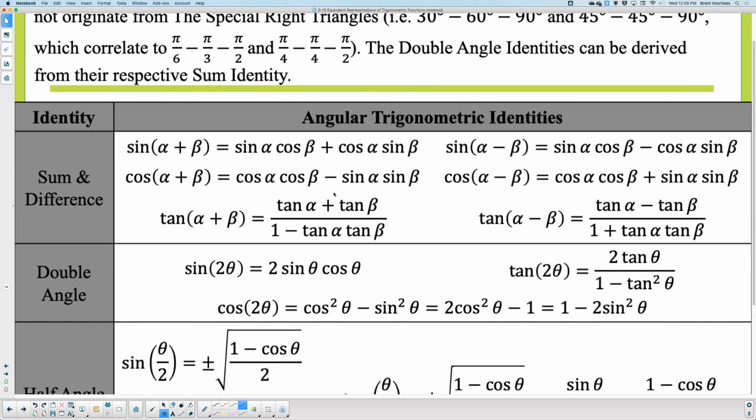If the formula says you're originally adding, it now subtracts, or vice versa. Therefore, tangents, if you simplified it, would be the same in the numerator because that's sine, and the denominator would be changing, cosine. But you don't have to have tangent memorized. You do have to have sines and cosines memorized.